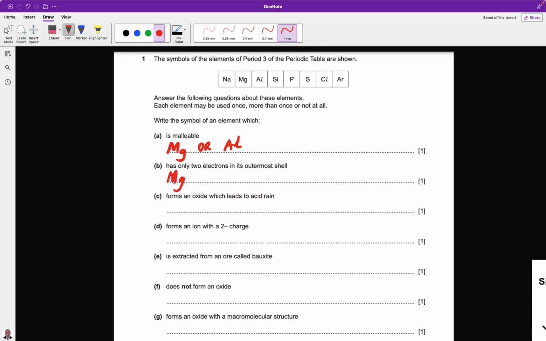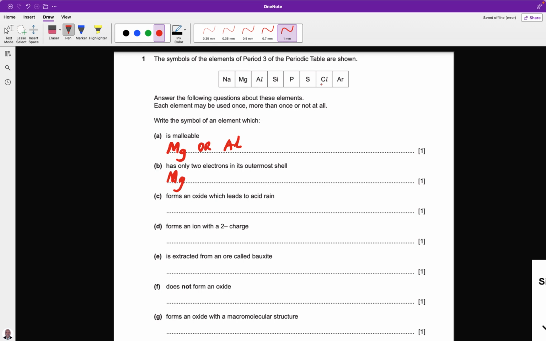Okay, write the symbol of an element which forms an oxide which leads to acid rain. Acid rain is caused by elements like sulfur.